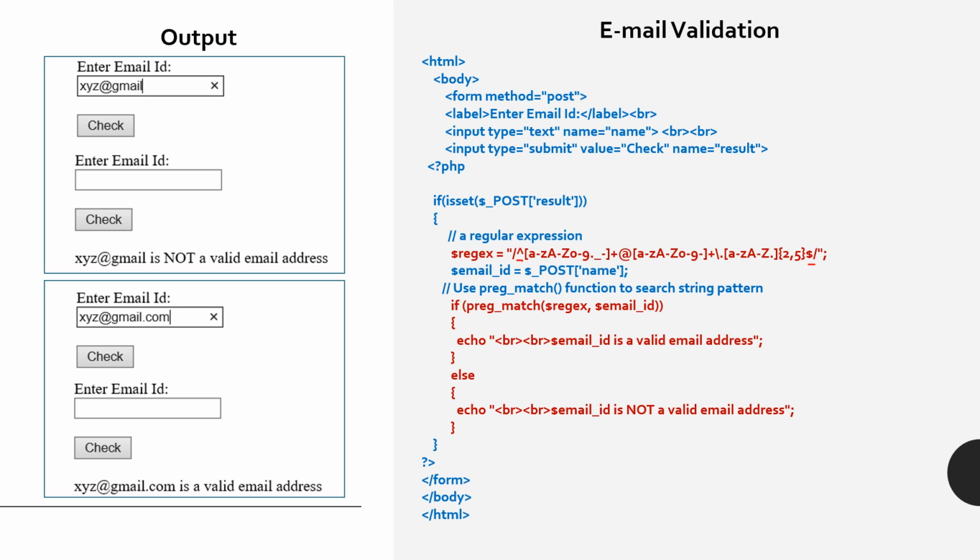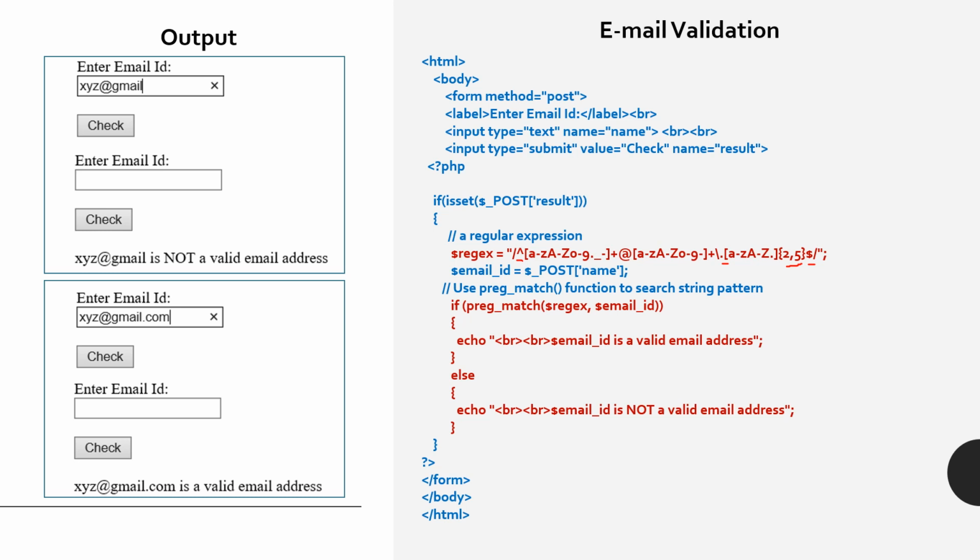Then a dot should come. That is what is specified here. After the dot, how many characters should be there? 2 to 5 characters should be there after the dot.